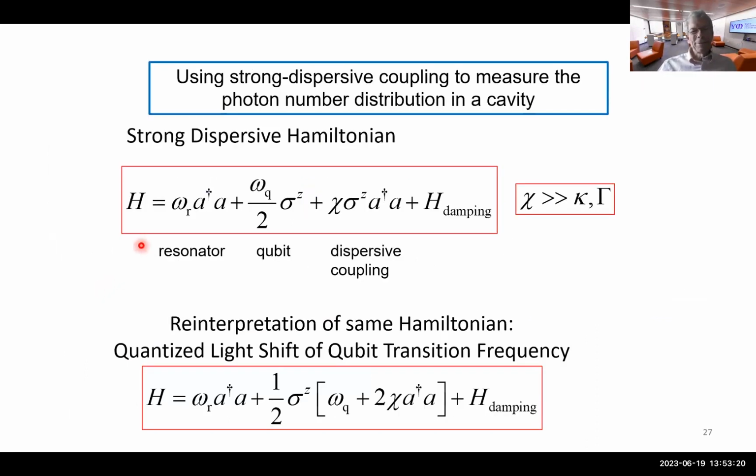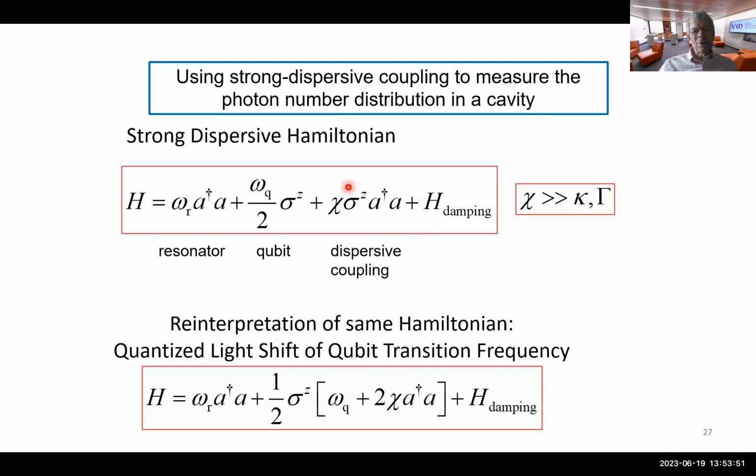Okay, so you can now read out the state of the qubit. But what about using the same physics, the same dispersive coupling, to measure the photon number in the cavity? We've used the cavity to measure the qubit. Now let's use the qubit to measure the cavity. And we'll go back to the strong dispersive regime where chi is much bigger than the line width of the cavity or the qubit.